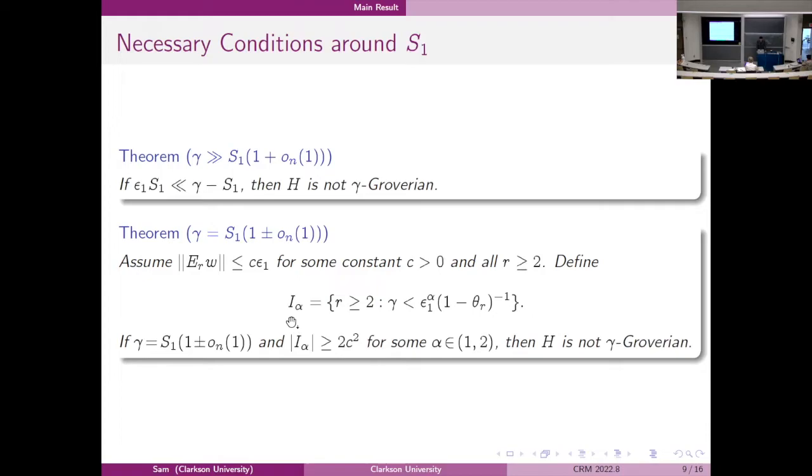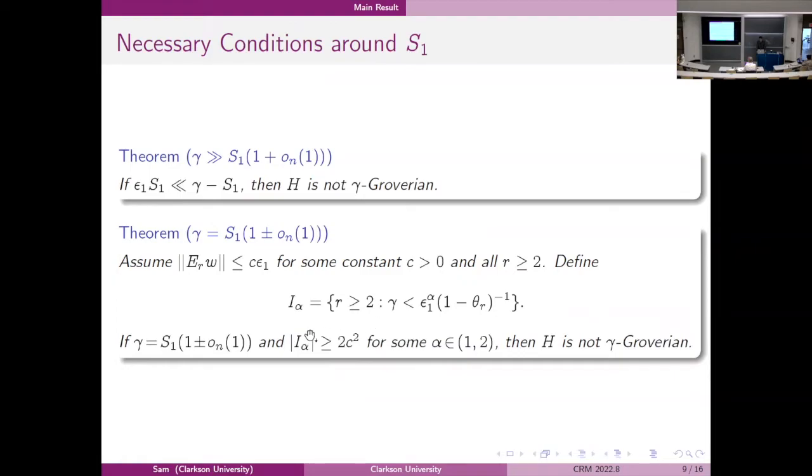And also, we need to define this set I_alpha. It equals R. It's counting the number R. Actually, it's counting how many eigenvalues satisfy this condition: alpha epsilon 1 to the power alpha, multiplied by 1 minus delta R to the power minus 1, is bigger than R gamma.